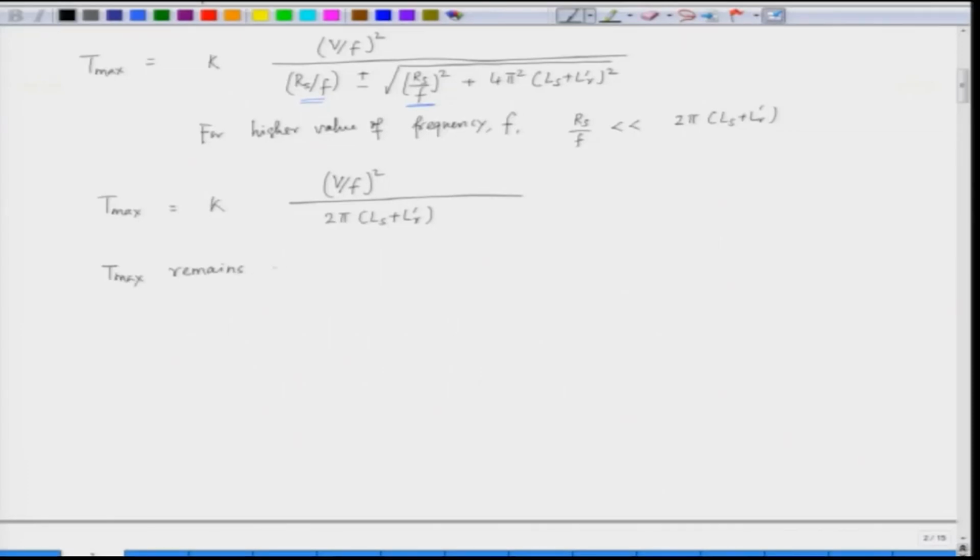So, T max remains constant if V by f remains constant, and that is the reason why we keep this V by f constant, and this type of control is often called constant volt per Hertz control.